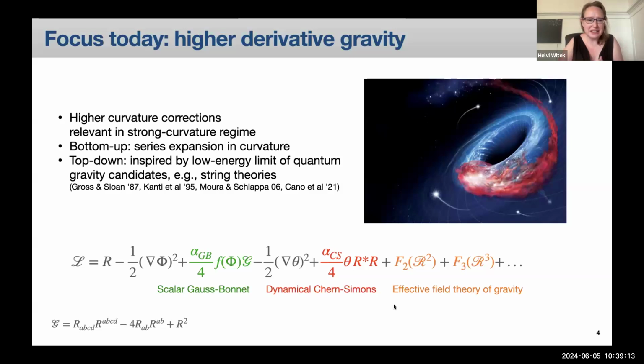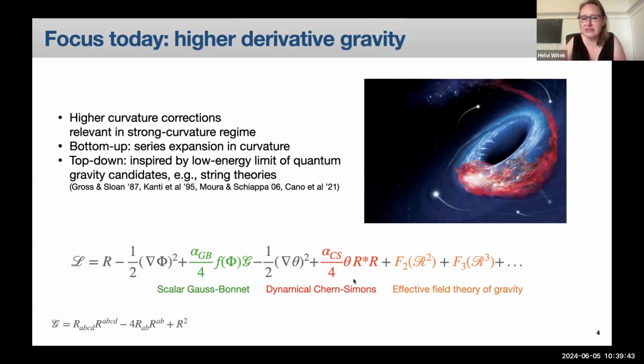And the answer is, it's actually not that simple, because this green term here gives us second order derivatives of the metric, but to a higher power, so second derivative squared. So these are nonlinear terms. This dynamical Chern-Simons term here gives you third derivatives of the metric. And again, it's actually not obvious that this can be made well-posed. And about 10 years ago, we showed that it's likely that you cannot make it well-posed.